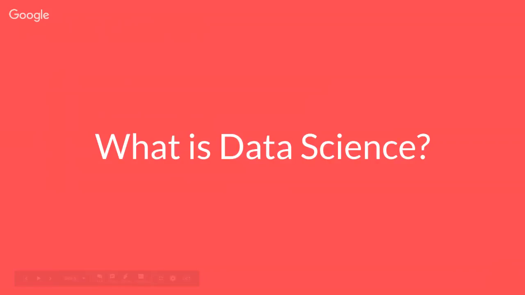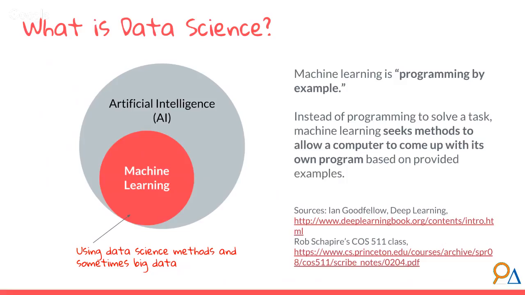So let's try to understand what data science is. Data science is an umbrella term that encompasses data analytics, data mining, machine learning, and other related disciplines, as well as artificial intelligence. Machine learning is programming by example.